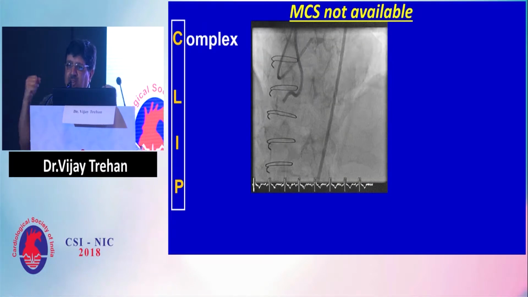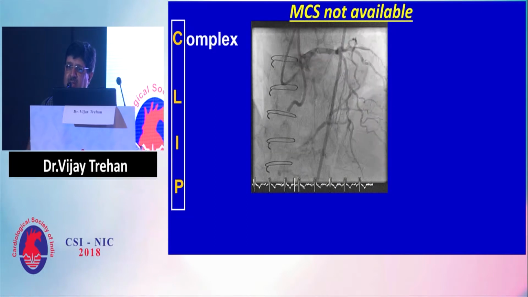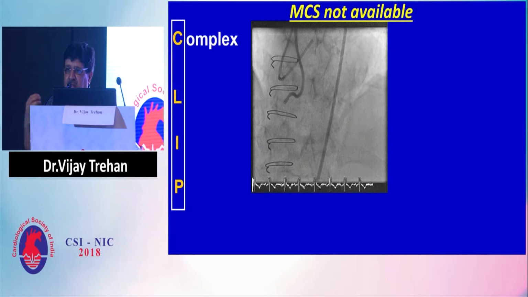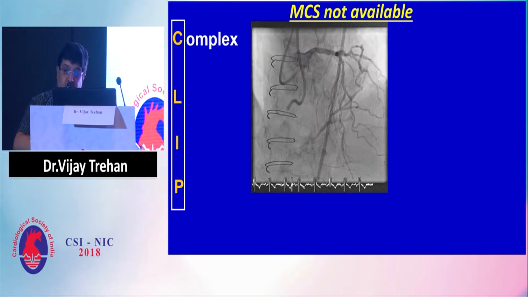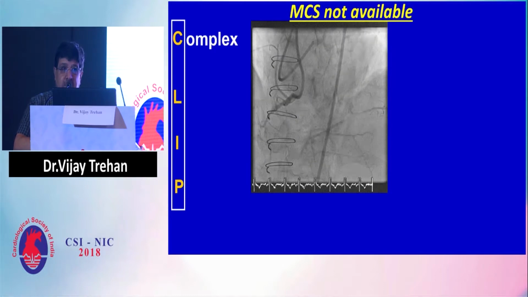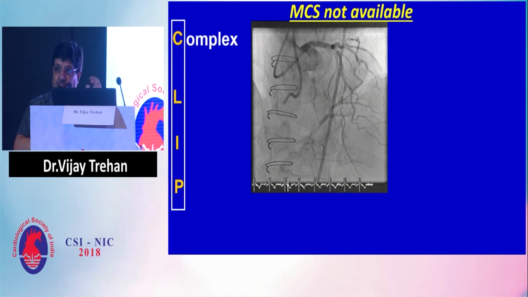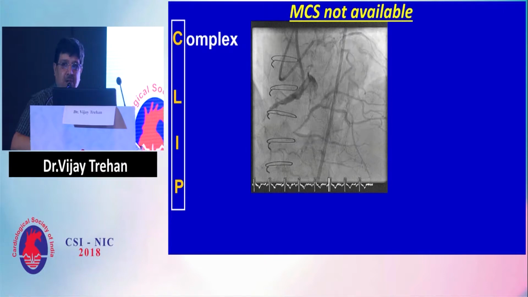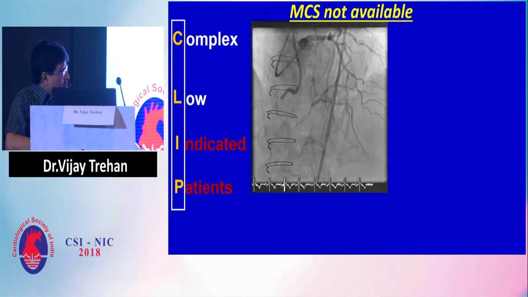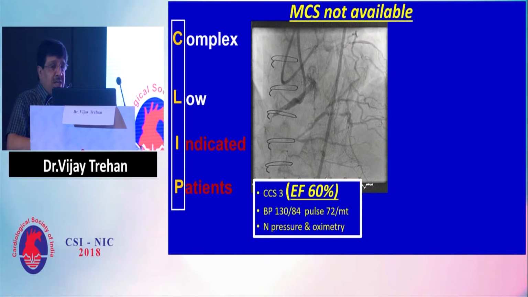So we have to gradually train ourselves so that we take on complex patients, simpler CTOs and difficult CTOs, antegrade, retrograde, and hybrid, and also calcified lesions, and try different hardware, develop skills so that you can take on these patients and avoid complications, and just in case you get into a complication, you should be able to treat them. So you take these complex patients, initially low risk patients.